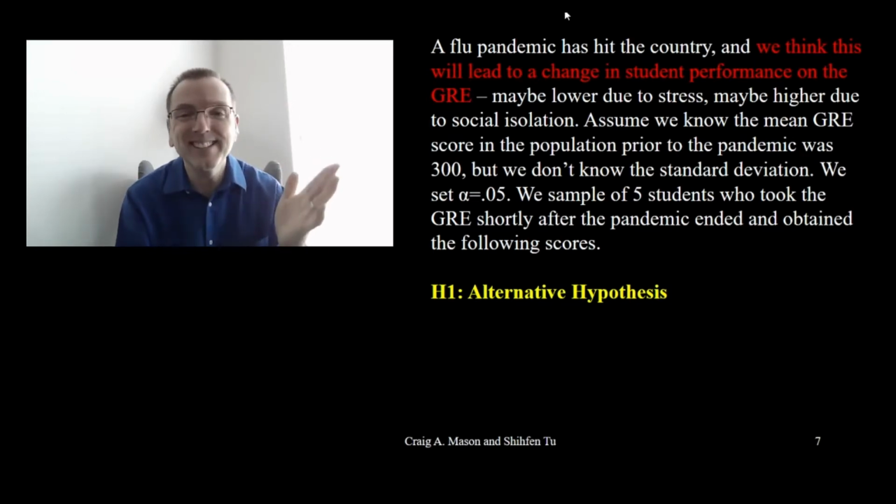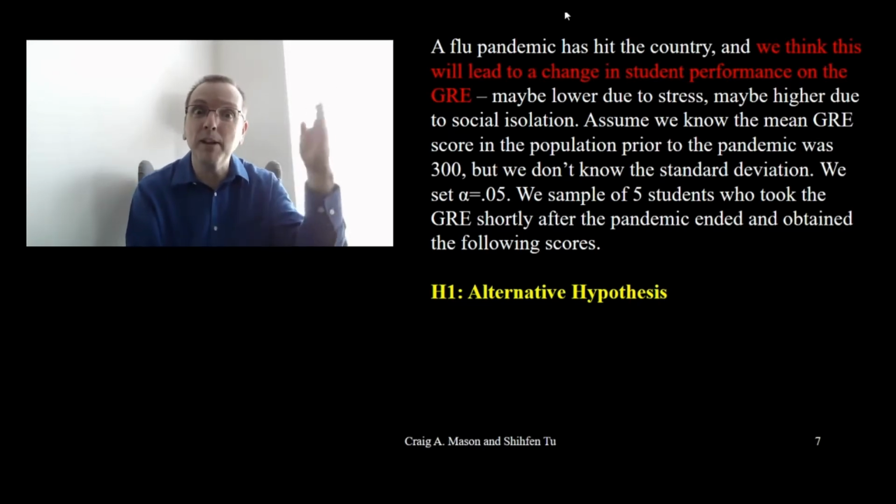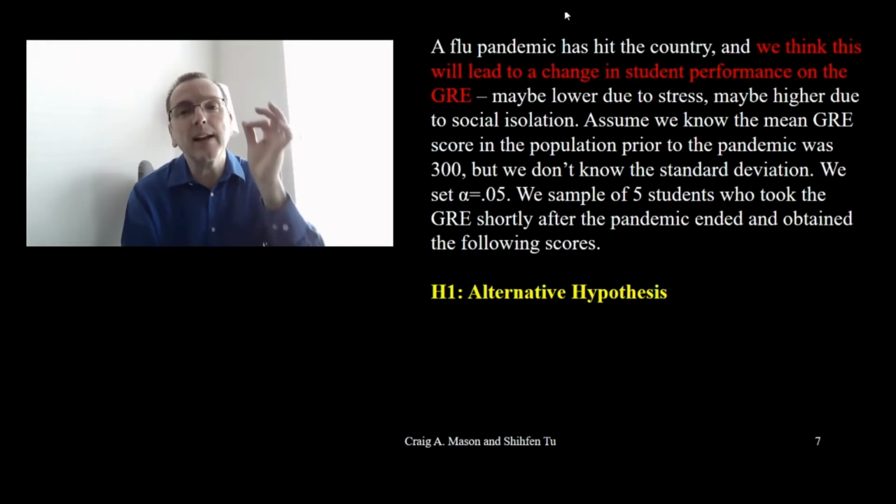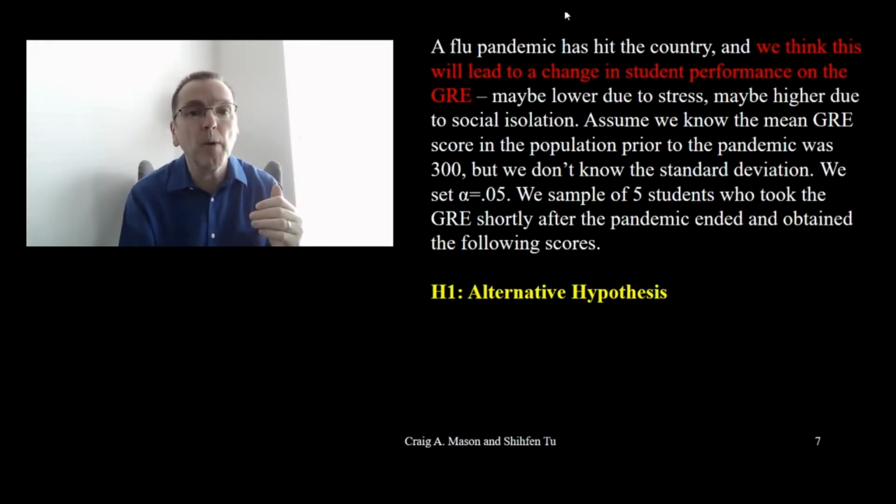Now, in this example, I go on to directly say maybe lower, maybe higher. I won't always be that direct, all right? But the key is to look for exactly what the question is. Don't get tripped up by what you think the question should be or might be. Look at exactly what the question is.